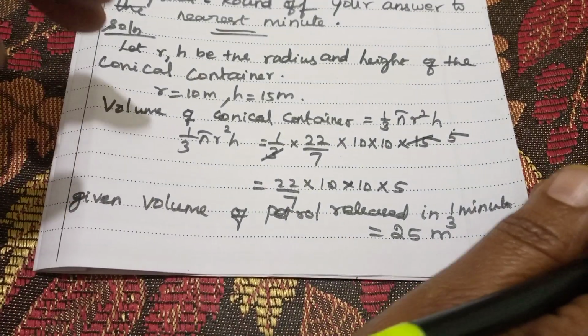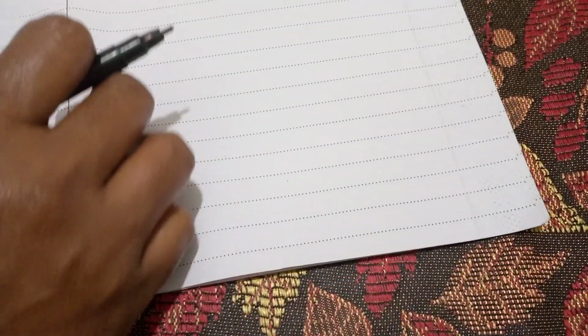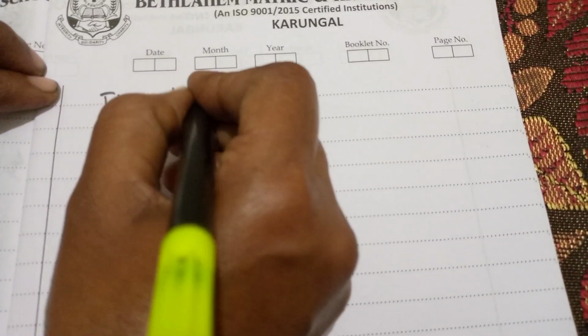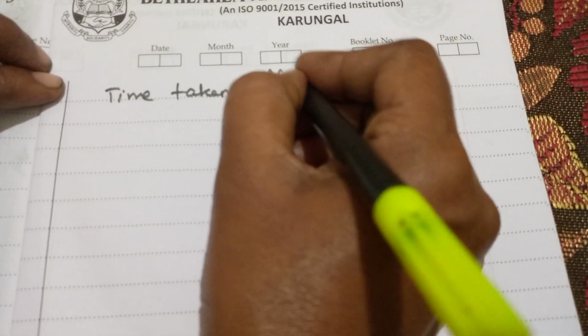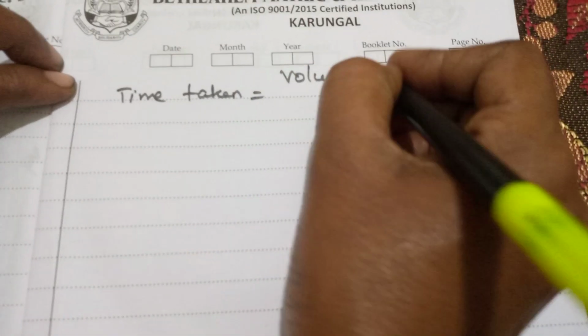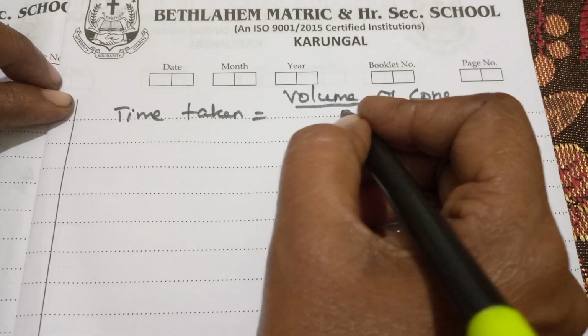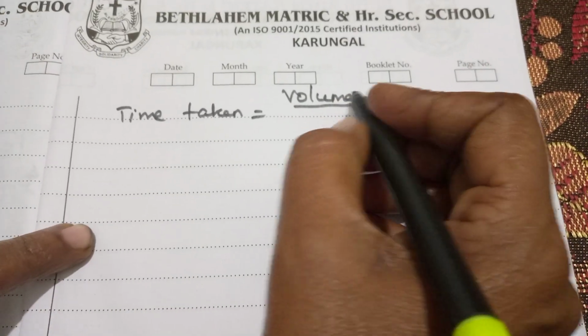We have to find the time taken. How can we find the time taken? What is the formula for time taken? Time taken is equal to the volume of cone divided by the volume of petrol released in 1 minute.